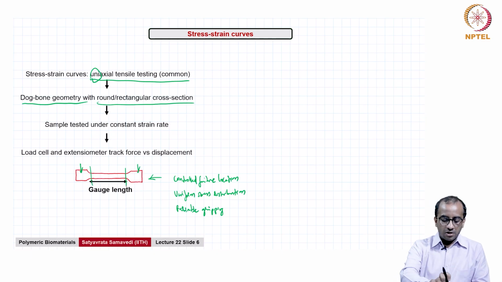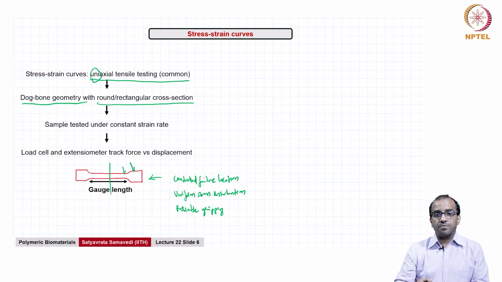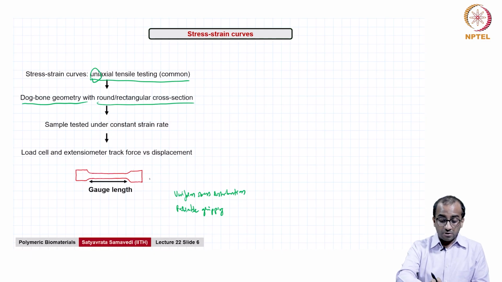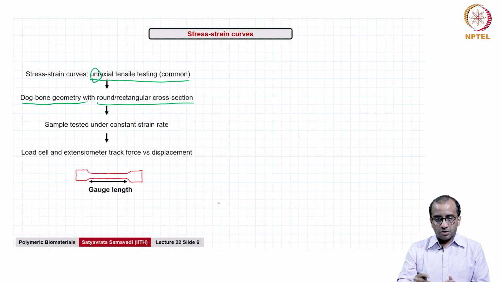So, the material will not snap somewhere here or here, it will likely snap in the middle, and that is important. So, that is why the dog bone geometry is preferred quite often. And once you have made the geometry this way, the sample is tested under a constant strain rate. So, you are applying a constant strain rate.